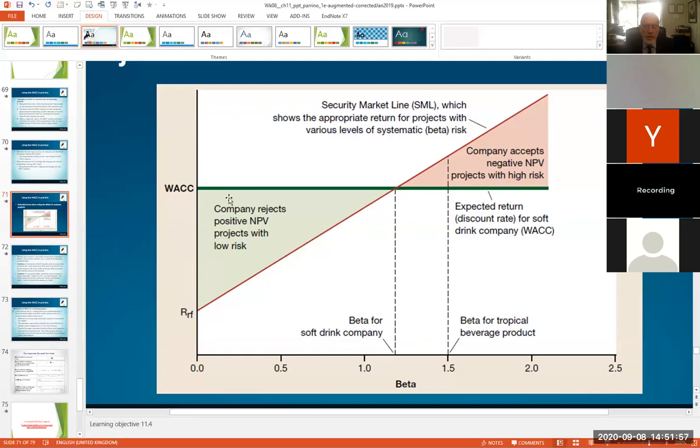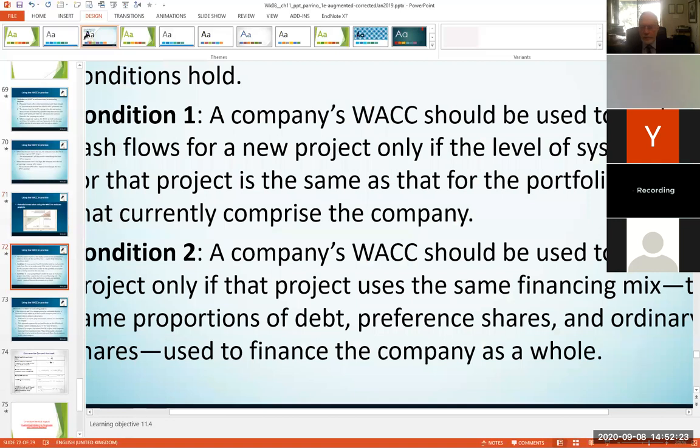On the other hand, buying the new head office building, you might reject that because the company is saying, well, this is not simply meeting our hurdle rate, our weighted average cost of capital. So you can end up with two errors coming from relying too much on the weighted average cost of capital.